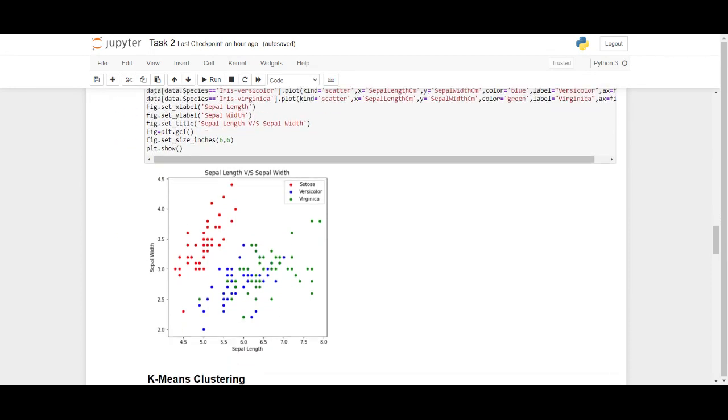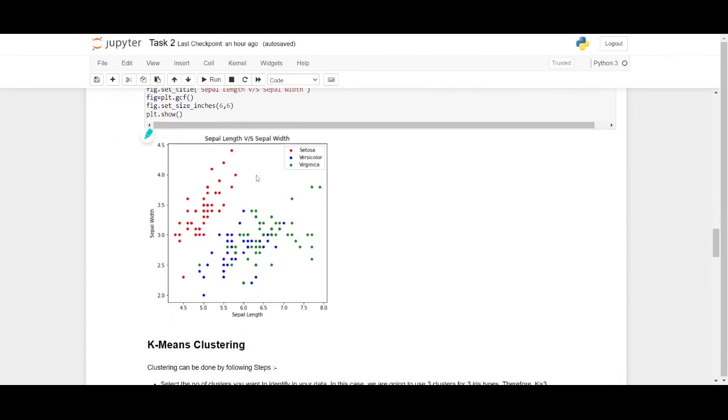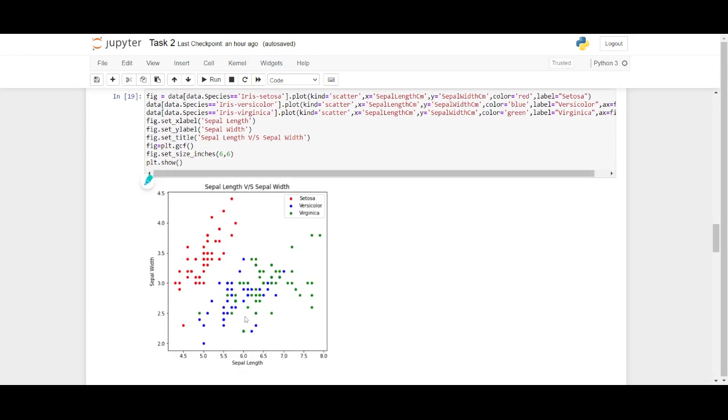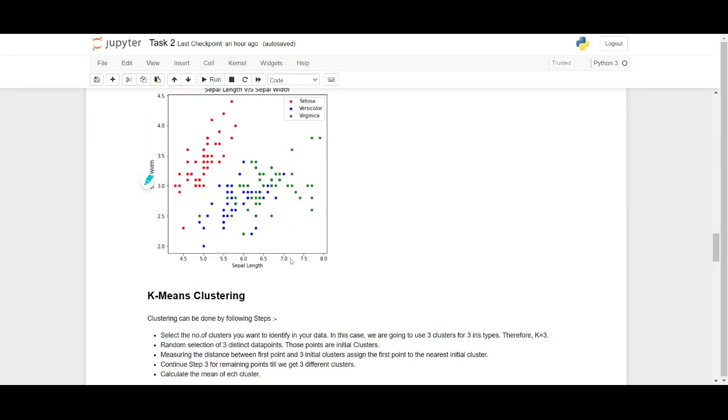And finally, plotting the scatter plot for sepal length and sepal width for species Setosa, Versicolor, and Virginica. From this graph, we can see that Setosa is linear and Versicolor and Virginica are not linear.